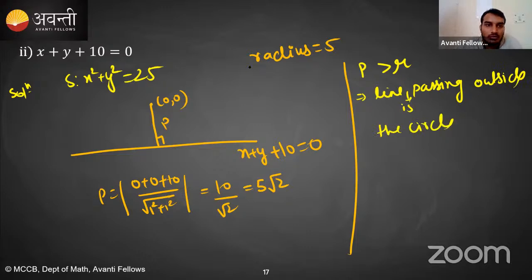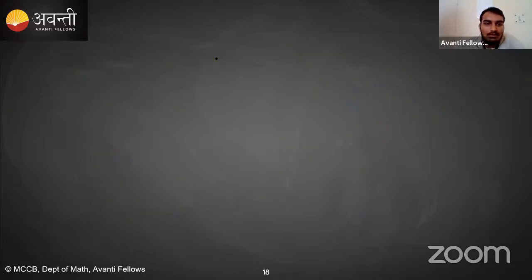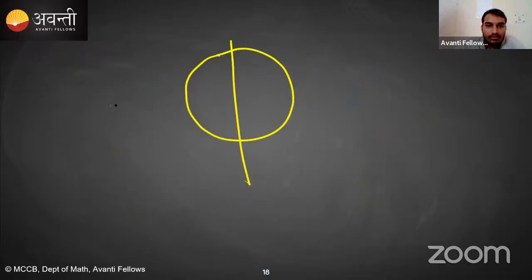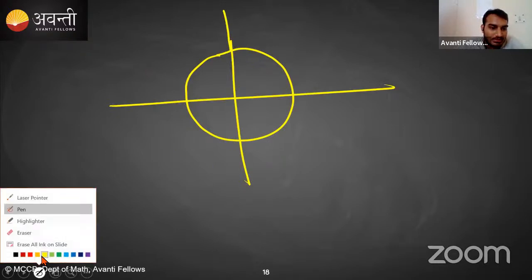Clear? So very good, JNV Chitra Durga. Is that clear, everyone? So maybe something like this is happening: this is the circle and the line is like this.